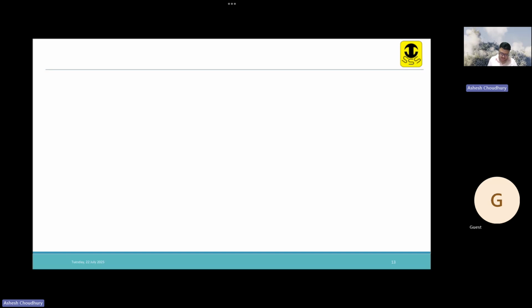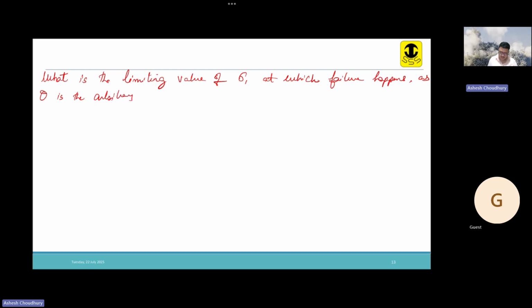Now the question is, what is the limiting value of sigma 1 at which failure happens, as theta is an arbitrary value.